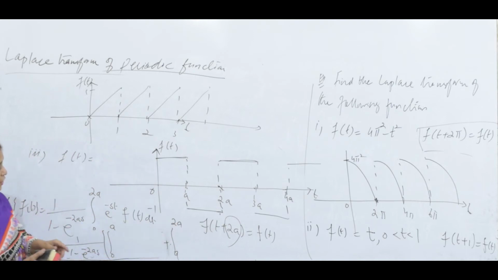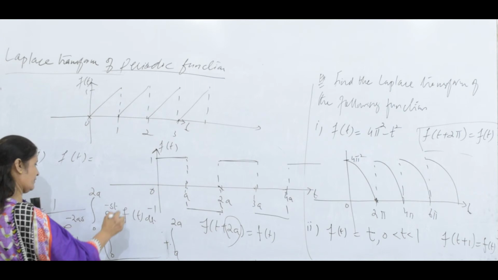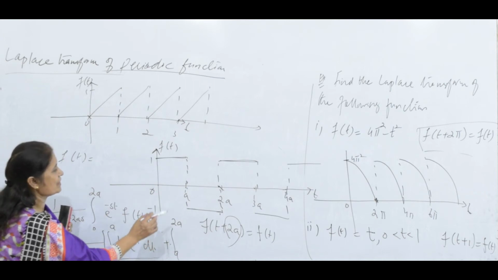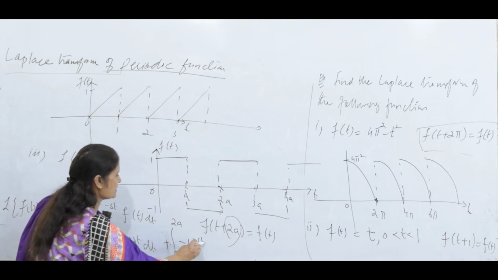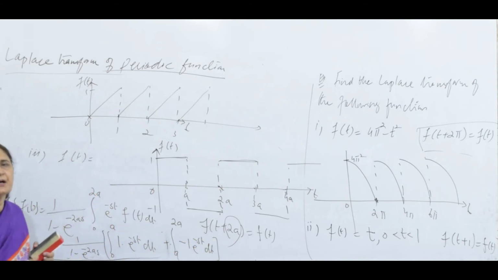Look at that. From 0 to a, your function is 1, so 1 times e to the power minus st dt, plus a to 2a it is minus 1 times e to the power minus st dt. And you are integrating with the upper and lower limits, simplifying, and finding the answer.